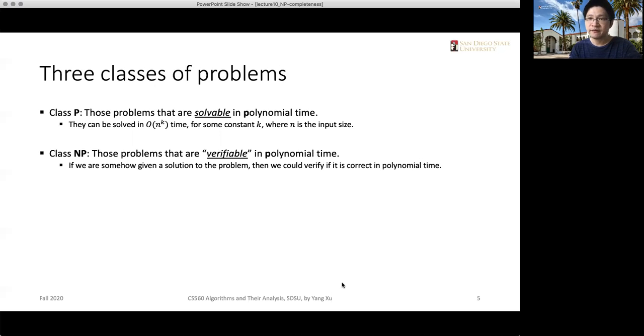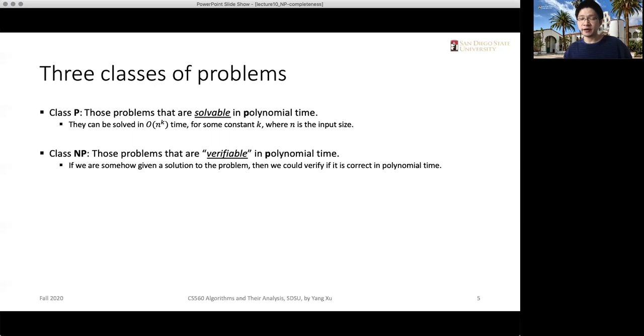By being verifiable, we mean that if we are given a solution to the problem, then we can verify if it is correct in polynomial time. It's not to solve the problem; we are given something to verify, and we can verify it in polynomial time.